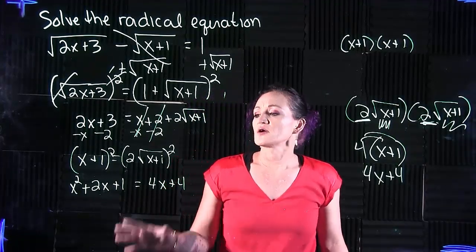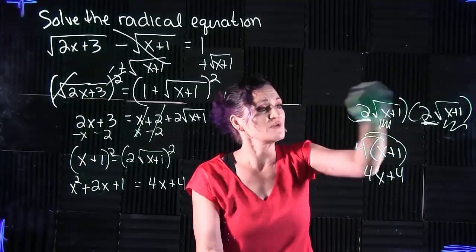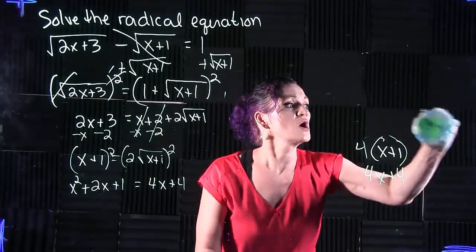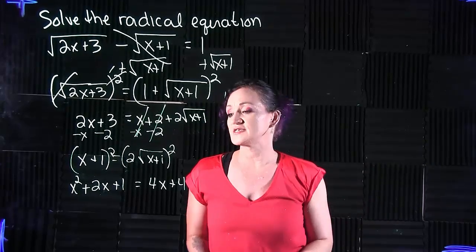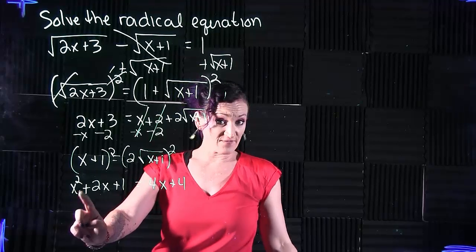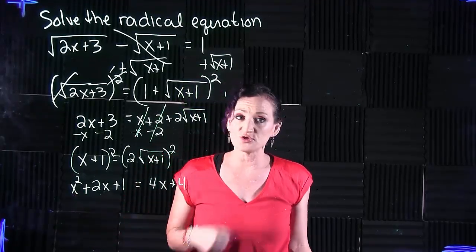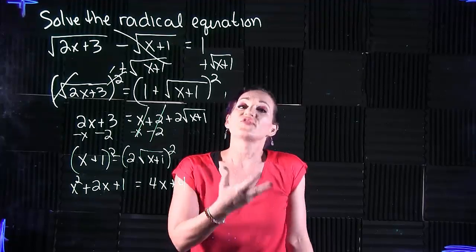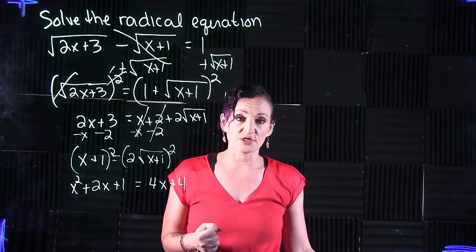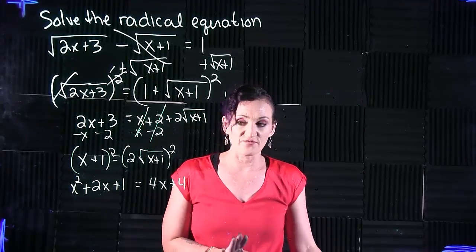At this point here, we no longer have a radical, which is exactly what we want. We finally got rid of the radical, so now we can look at other methods in solving this problem. Taking a look at what I have here, I do see I have this squared term. If you have a squared term in your problem, that tells you this is a quadratic equation. Think about how you solve quadratic equations. In my opinion, you should always try and factor a quadratic equation first.